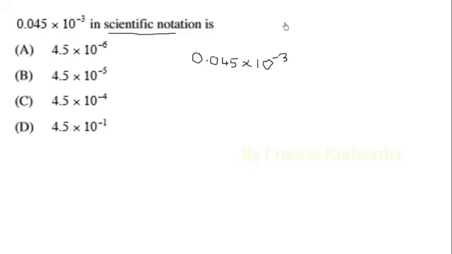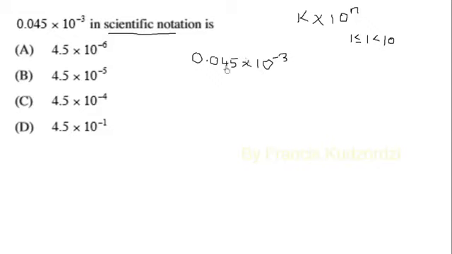Scientific notation means we are writing a number in the form k times 10 exponent n, where n is an integer and k is supposed to be greater than or equal to 1, but it must be less than 10. So right now this is not k because it is less than 1.